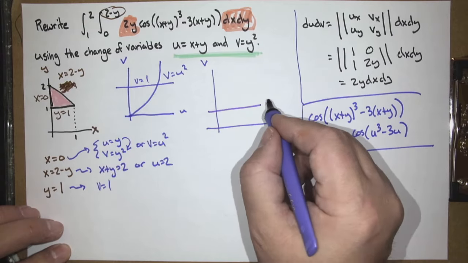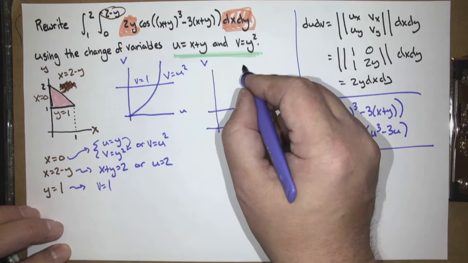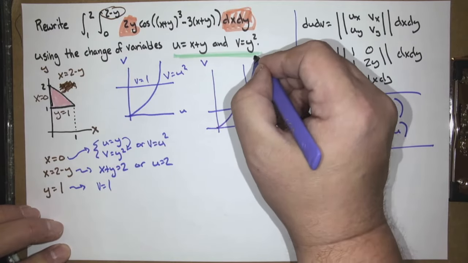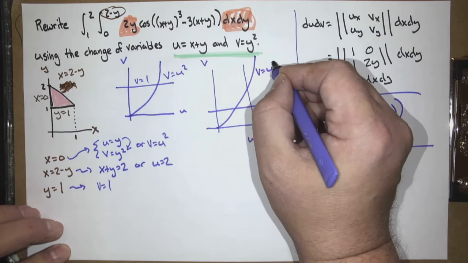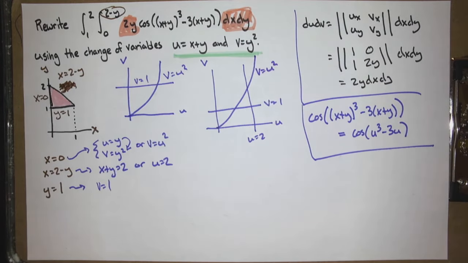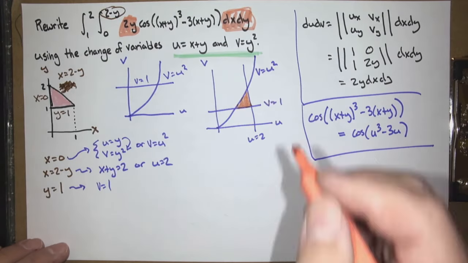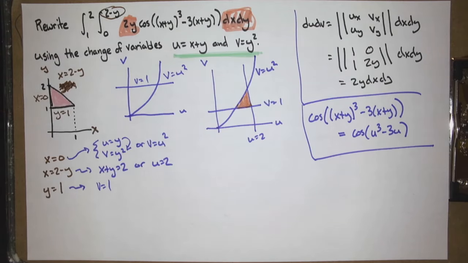So here's v equals 1. Here's u equals 2. And here is v equals u squared. So what we get is, instead of this triangle, we get this triangle. Nice. Okay. Now let's put it all together.